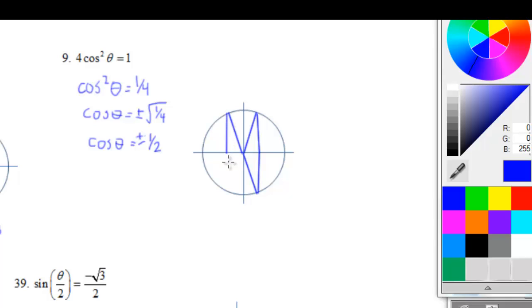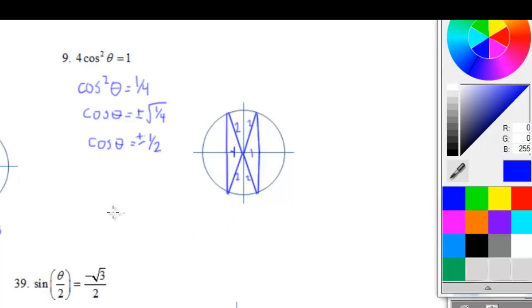So here the cosine values are both negative 1/2, and in these quadrants the cosine values are positive 1/2.